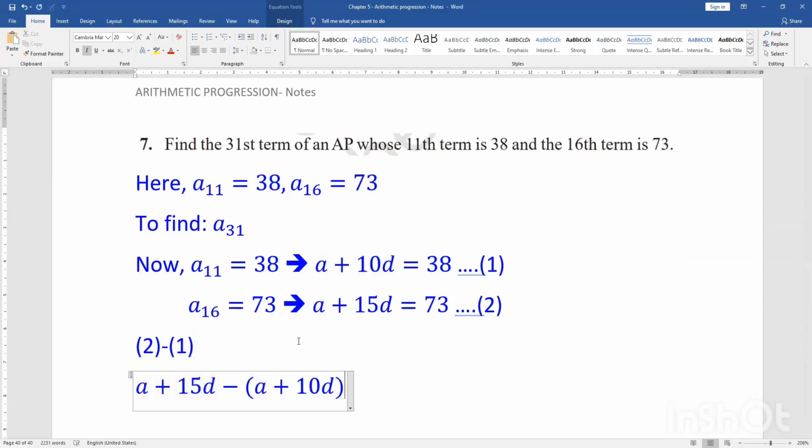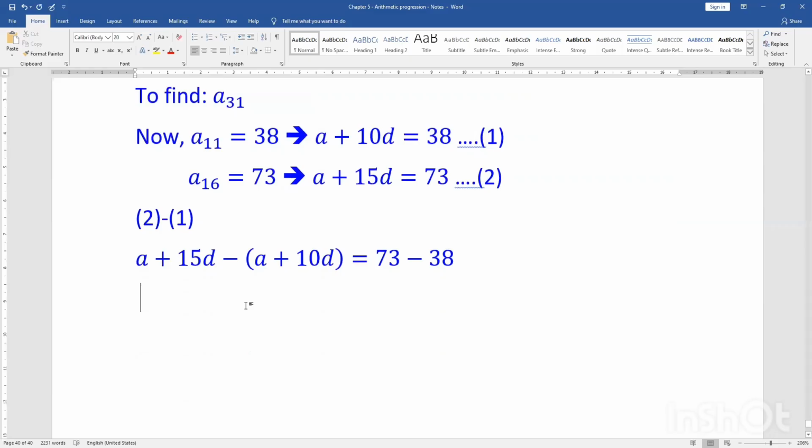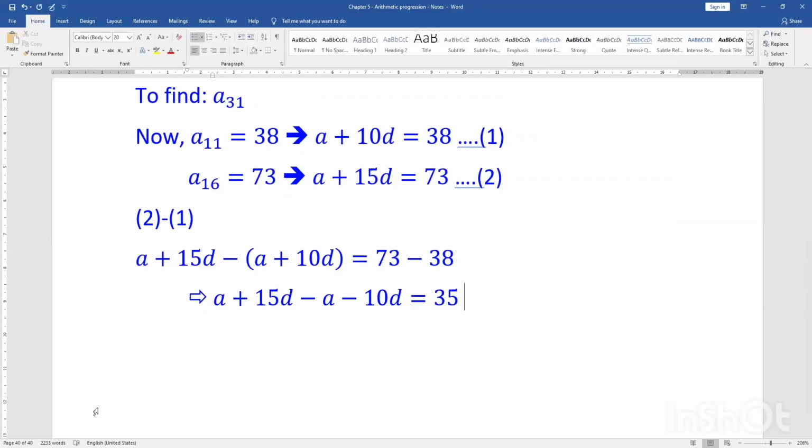We have A plus 15D minus A minus 10D equals 73 minus 38. What is 73 minus 38? It will be 35. Now A and A get cancelled, children.